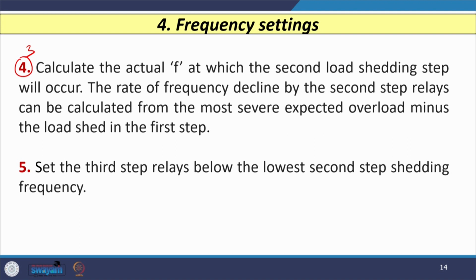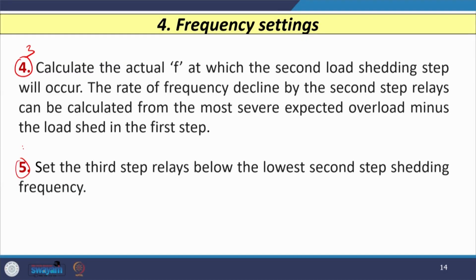The rate of frequency decline for the second step of relays can be easily calculated from the most severe expected overload minus the load shed during the first step. And then in the fourth step, we have to set the third step of relays below the lowest second step shedding frequency.